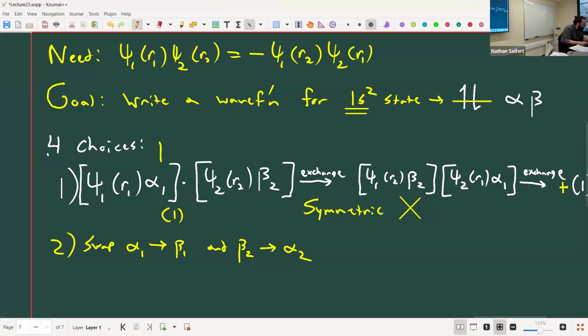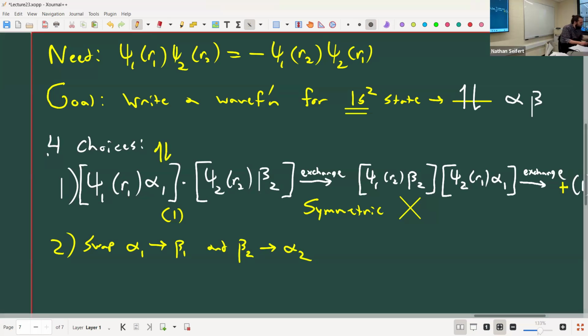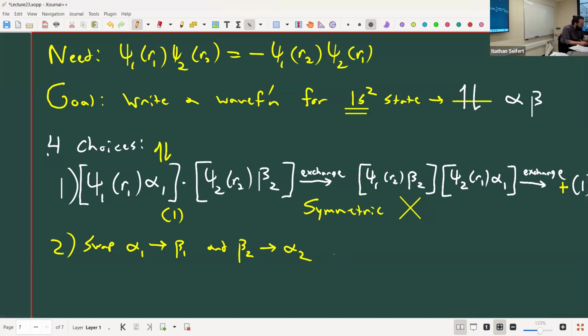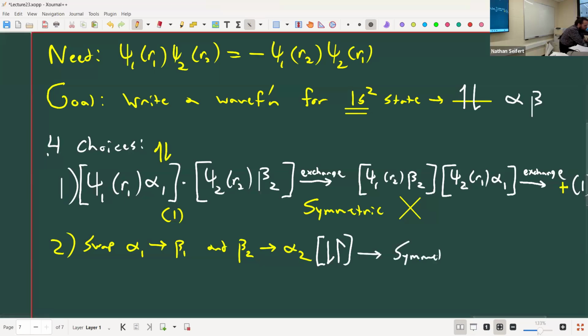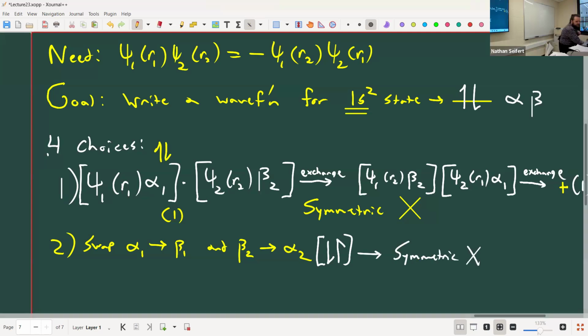So this configuration is that one up down, and this one would be down up. And this is also symmetric by the same argument. So just by multiplying our spatial part of our wave function, the r part, by our spin, that doesn't get us in the right position. It still doesn't work. So we have to come up with a better way to represent the wave function.